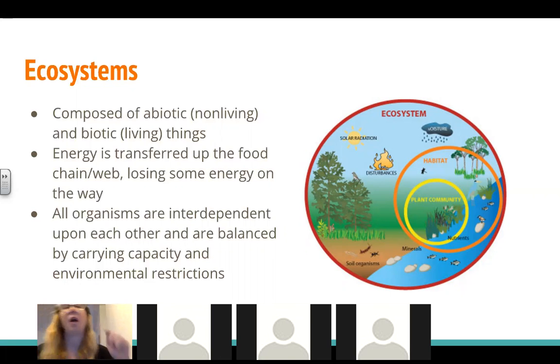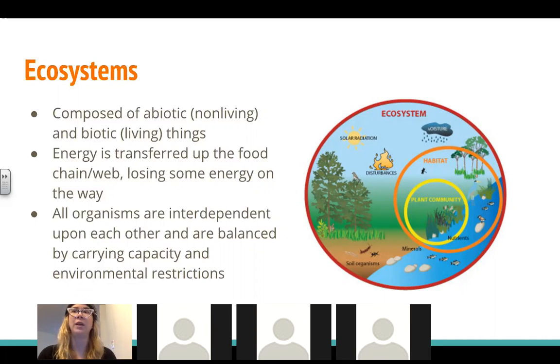So energy is lost on the way, and that's a key factor in ecosystems, right? If you think about it, like if you're thinking about a primary consumer, like a cow eating grass, right? They have to eat a lot of grass to get enough energy, because some of that energy is lost, right?